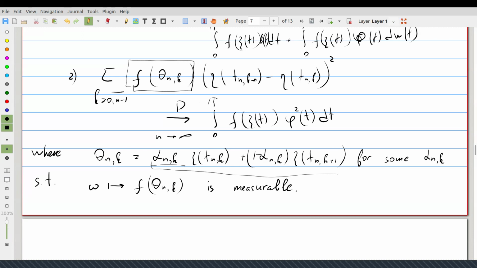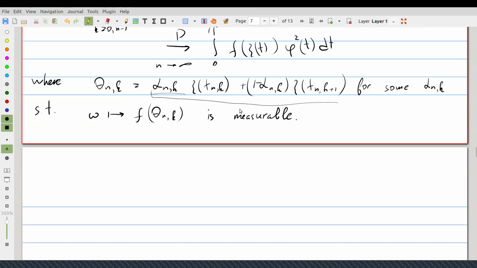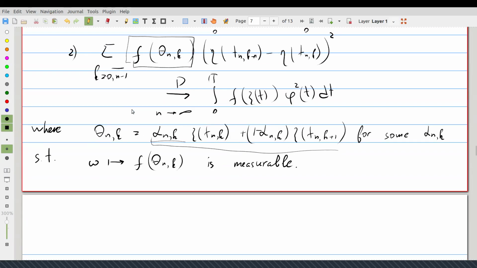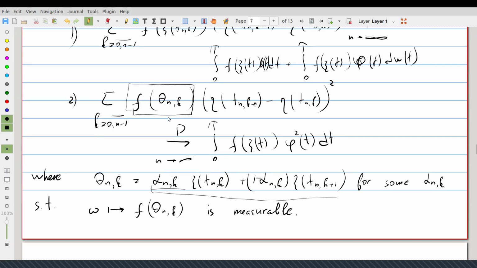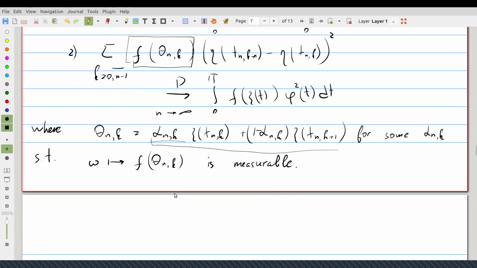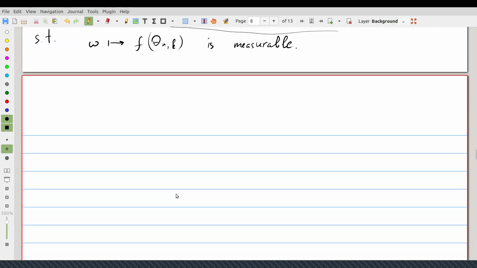Then it looks very convincing to assume that this holds. In the situation where we will use this proposition, these alpha_nk are going to be measurable, but this is a trivial result that we will not prove. So this is the reason why we went for avoiding discussion of measurability of this theta_nk.